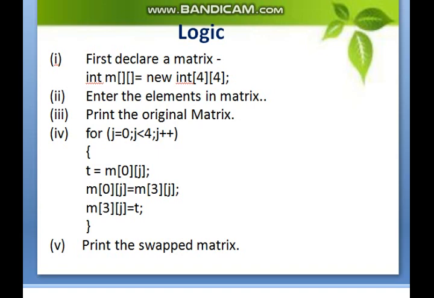So first, within this loop, we store the first element of the first row in a temporary variable t, and then we replace this first element of the first row with the first element of the fourth row.